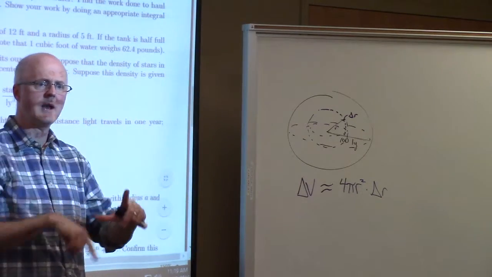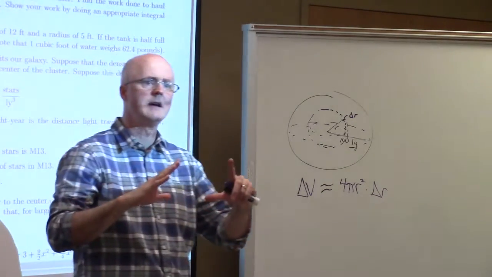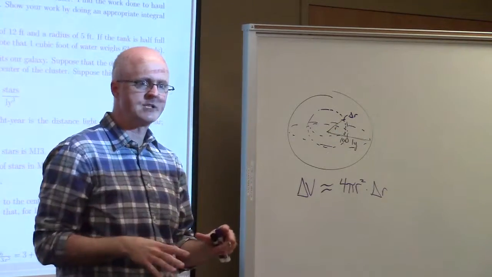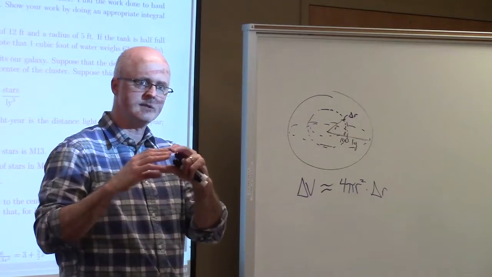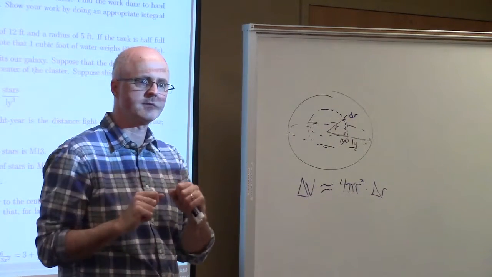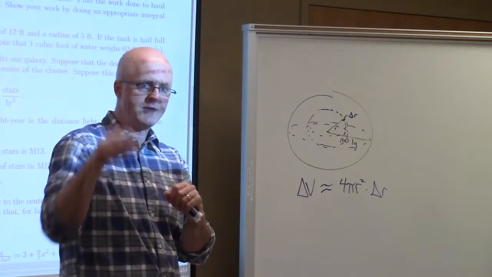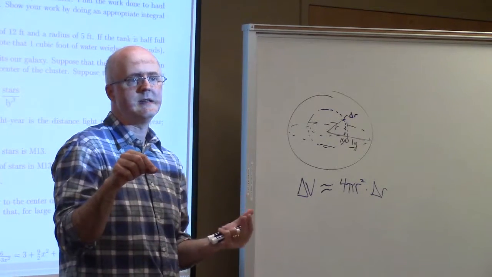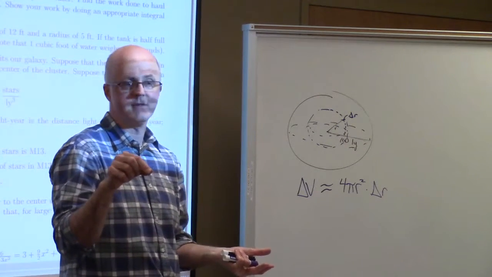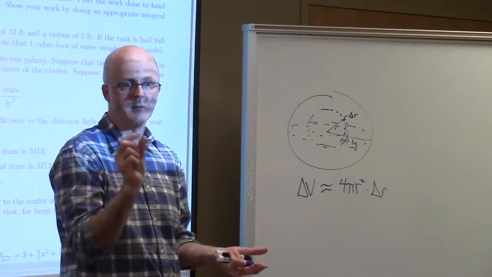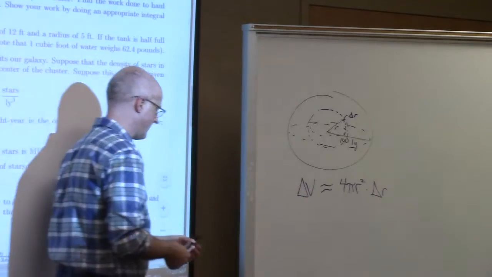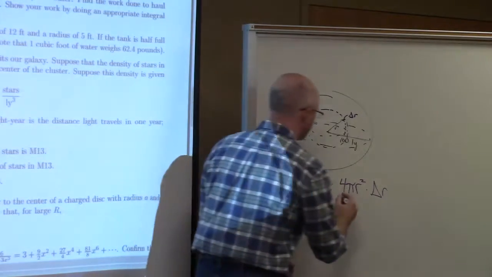For example, you had a homework problem where you had a population of a city that was a disk shape, dependent on the distance from the center of the city. There, the thin shells become thin rings, and you approximated the area of the thin ring by doing the circumference times delta r. Right, so this is the surface area times delta r.